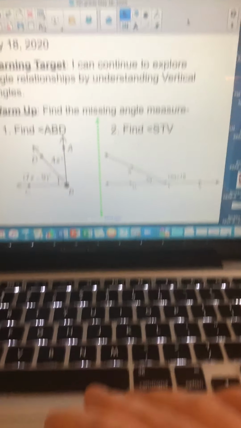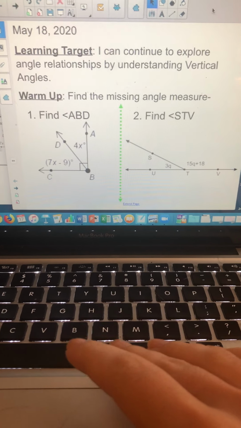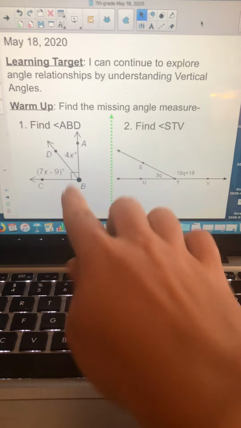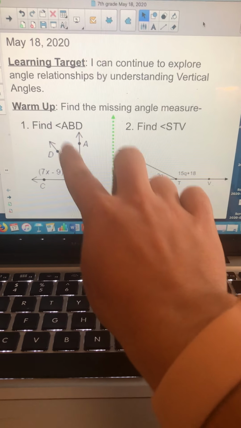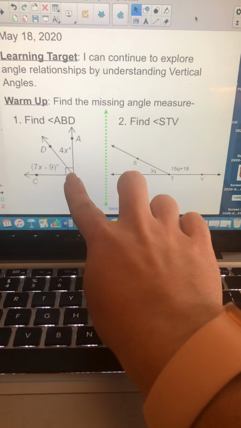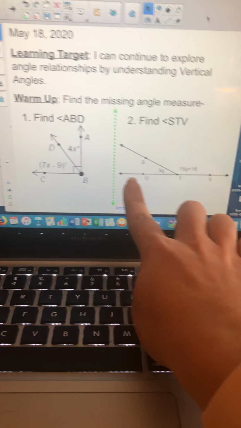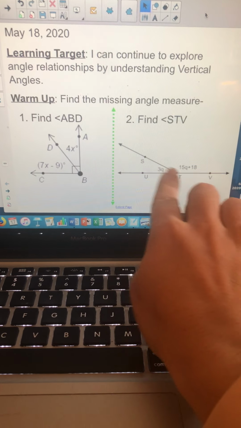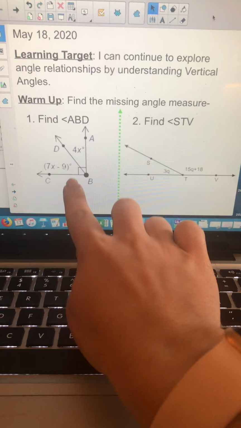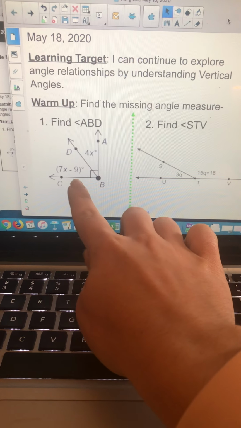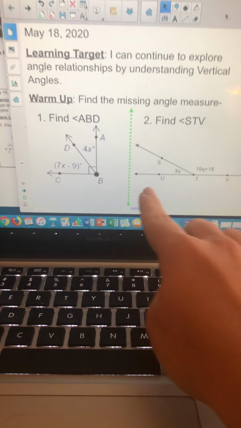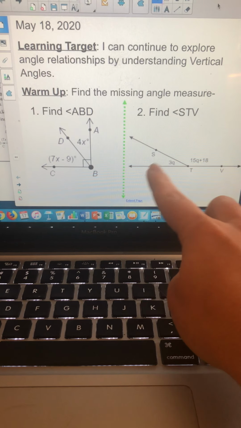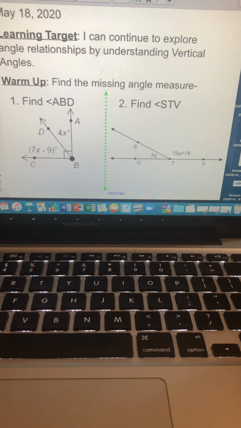Okay, so you have your warm-up. Both of them are showing 2 different sets of angles, right? This would be our complementary pair of angles because they're sitting in a right angle, and this would be our supplementary set of angles because they're sitting in a straight angle. So for number 1, I would write the equation and make it equal 90 degrees, and for number 2, we would write our equation and make it equal 180.